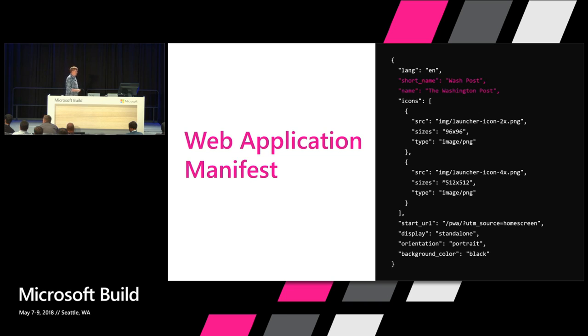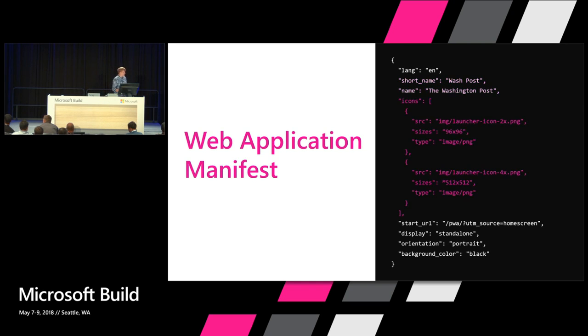Now, we're looking for some important parts of your manifest to consider it a high quality manifest. So first of all, I mentioned we want a name. If you list a name or a short name inside of your manifest, that gives us something to work with app-wise. If you have a short name and a name, we use your name in the application list, we put the short name on the tile.